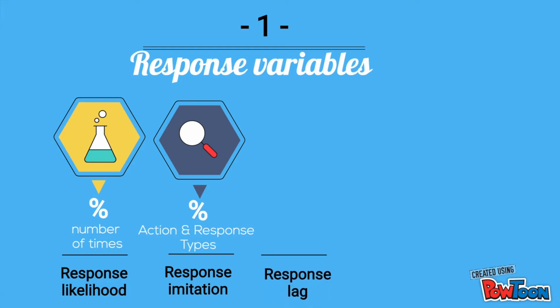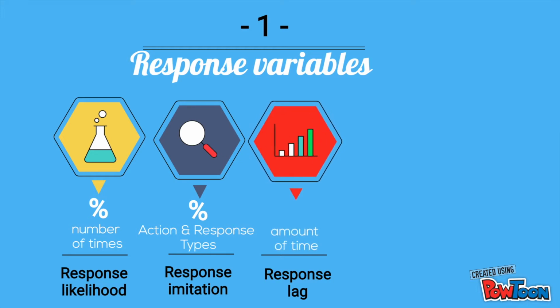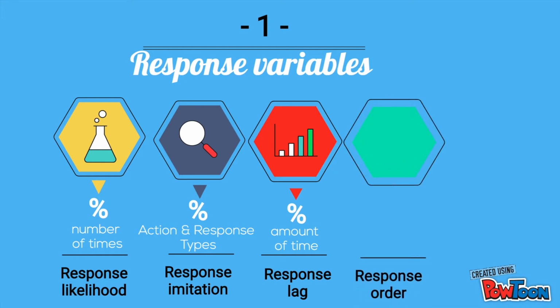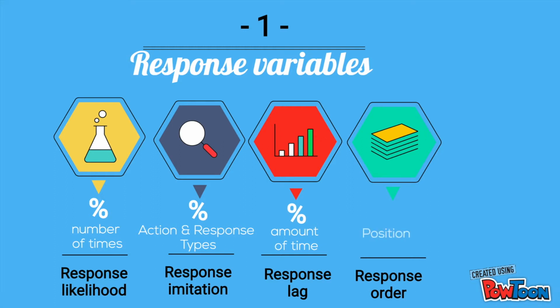Response lag was measured by the amount of time it took a firm to respond to a competitor's action. Response order was measured as the rank, position, and time of the responding firm among all responders, measured as the average order of responders for each action for each year.